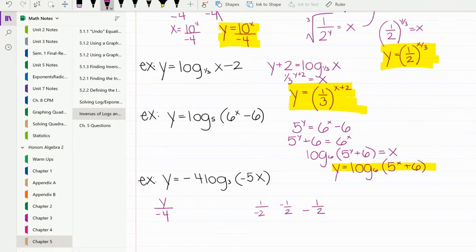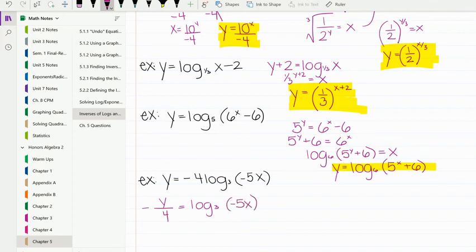All of those mean the same thing. To make things a little simpler, I'm going to just leave it on the outside, and you'll see why later. So then we would have negative y over 4 is equal to log base 3 of negative 5x.